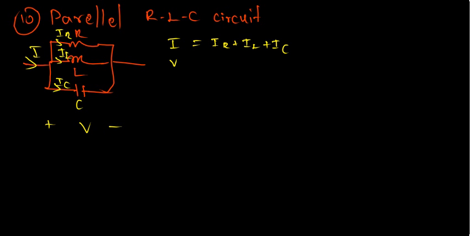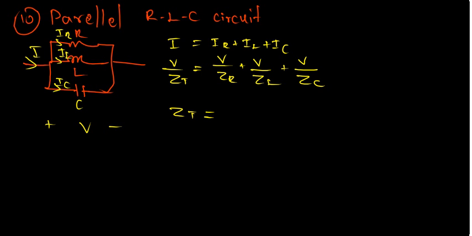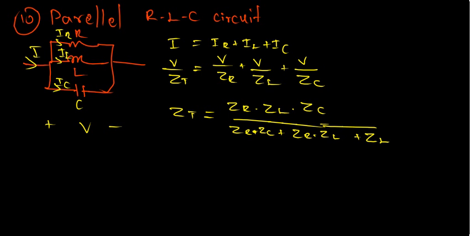The total impedance is equal to the voltage drop across the resistor, V over ZR, plus V over the impedance of the inductor, plus V over the impedance of the capacitor. When you solve this, we get ZR times ZL times ZC over ZR times ZC plus ZR times ZL plus ZL times ZC.